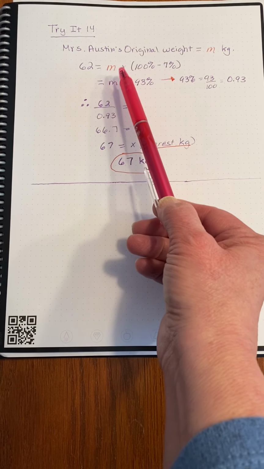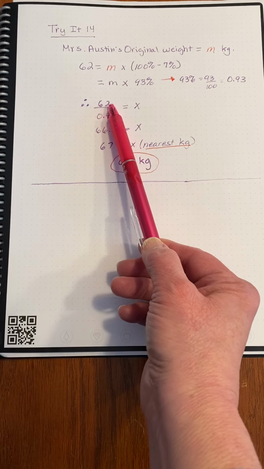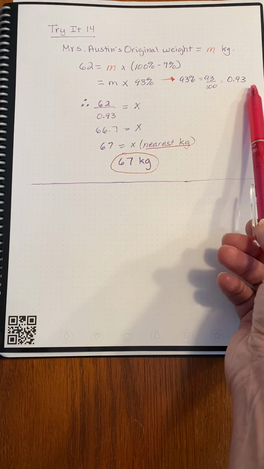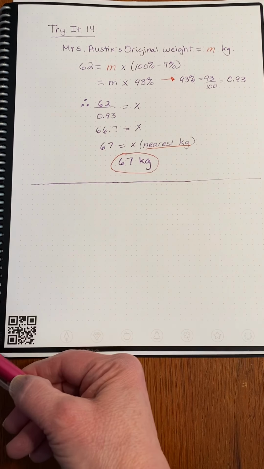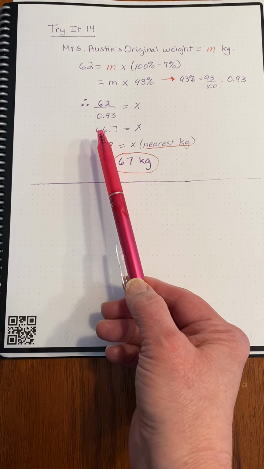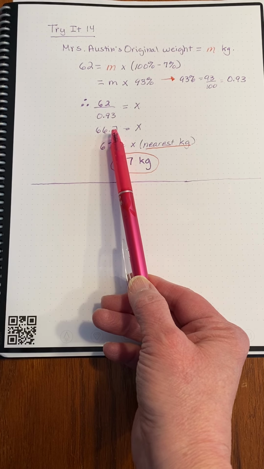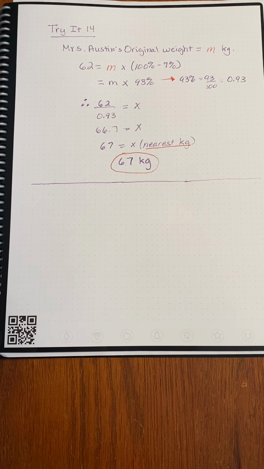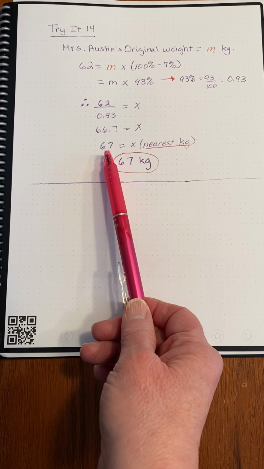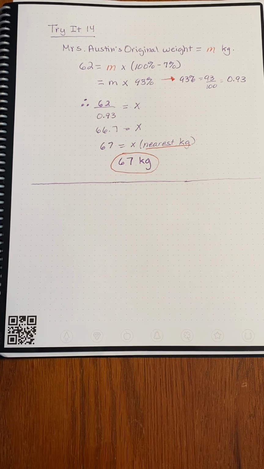So I'm going to take her present weight, 62, and divide it by 0.93 to get back to my original weight. After calculating that, I have 66.7. But now I've got to remember to round it to the nearest kilogram, which means 67 kilograms.